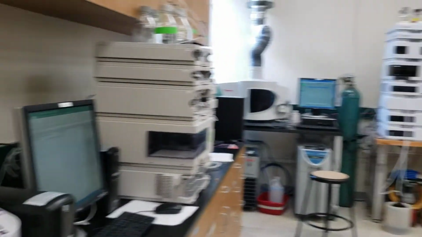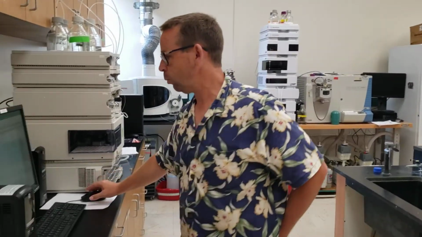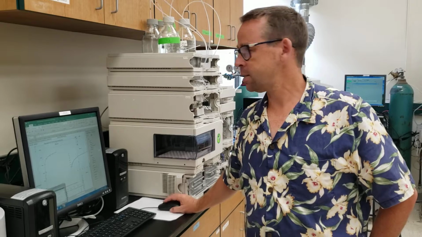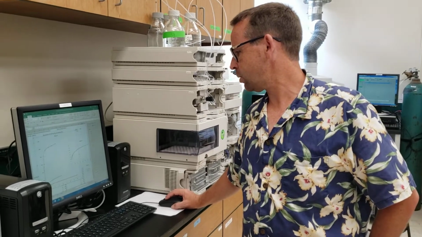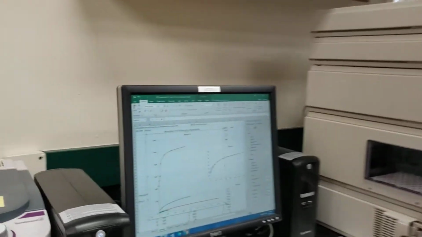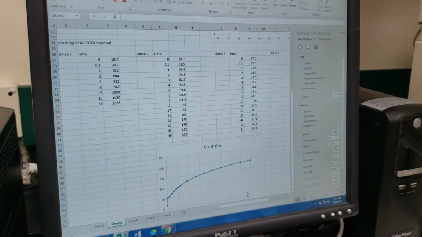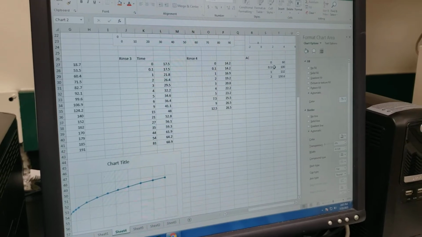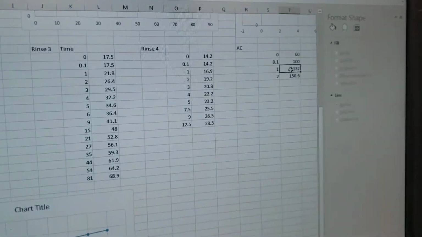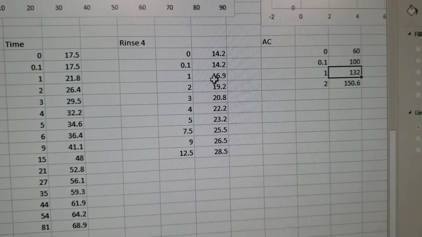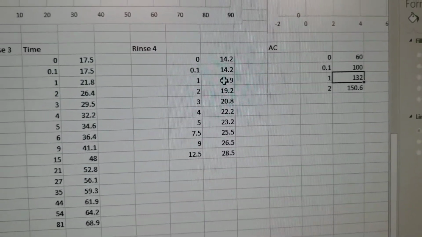But that caused me to think, well, what happens if you just take regular activated carbon without EDTA and do a conductivity experiment like this? And so that's what is occurring right now. And the amount of material that is being released in this one here, after 1 minute, our conductivity was 132, compared to our fourth rinse of EDTA activated carbon after 1 minute being 16.9.